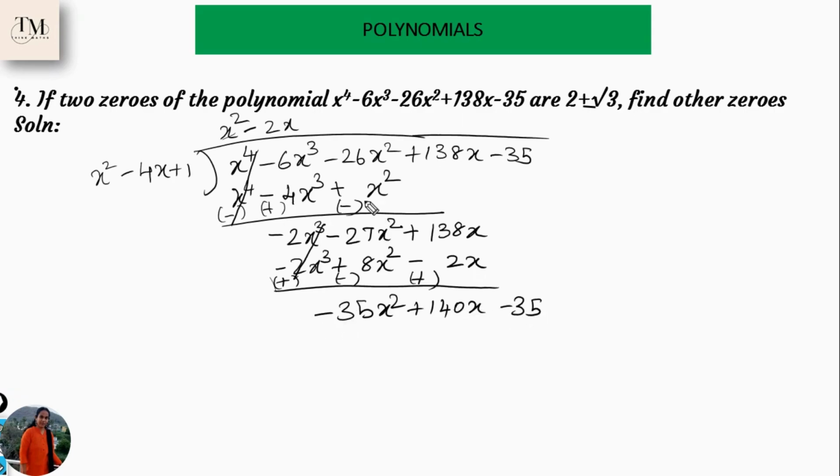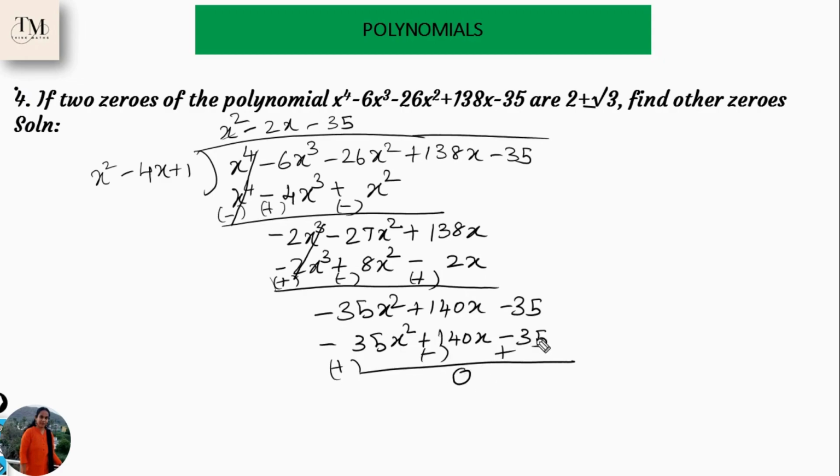So we have to multiply by minus 35 in the quotient. So you will get minus 35x square, minus into minus is plus, 4 into 35 is 140, so 140x, and 1 into minus 35 is minus 35. So on subtracting, the signs will change and every term will get cancelled.